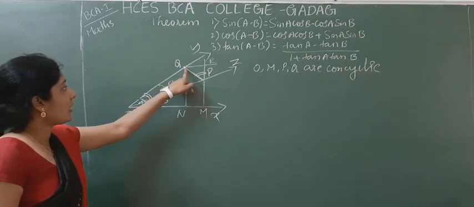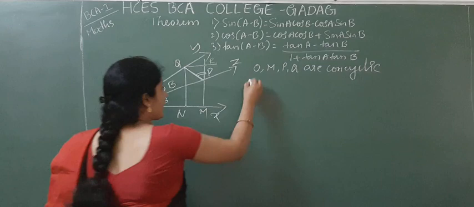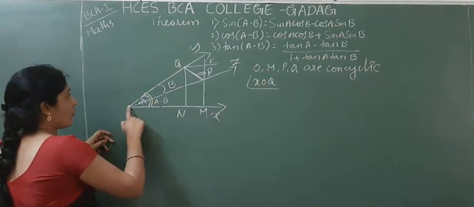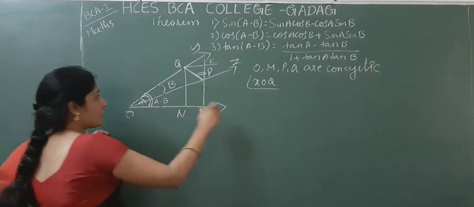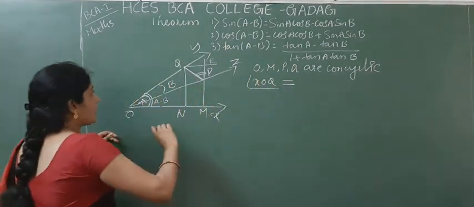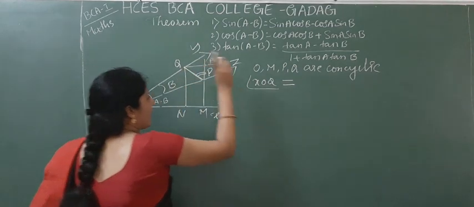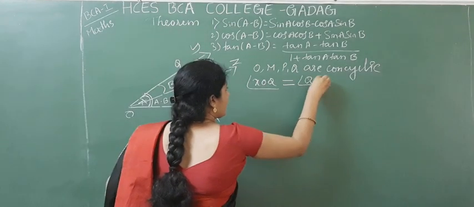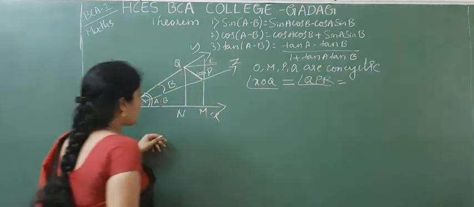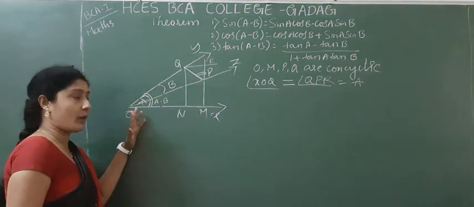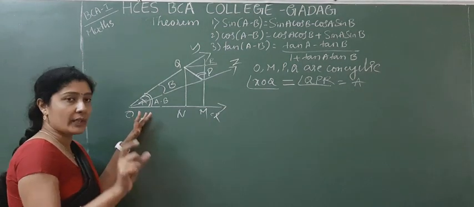Angle XOQ is equal to angle QPR, and that is equal to angle P. So these are the points we need to remember.